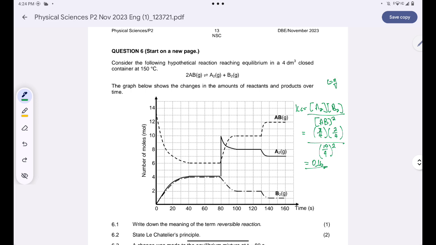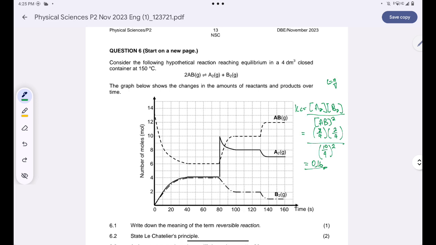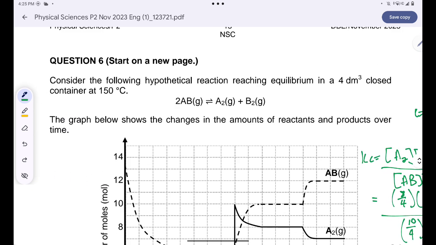this type of reaction was an endothermic reaction. Why am I saying that? Because whenever you decrease your temperature, you disadvantage your endothermic reaction. So in this case, it simply means that our heat of reaction was on the right hand side. Are you together?